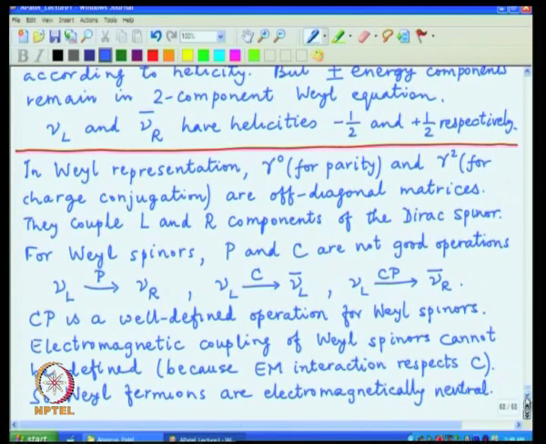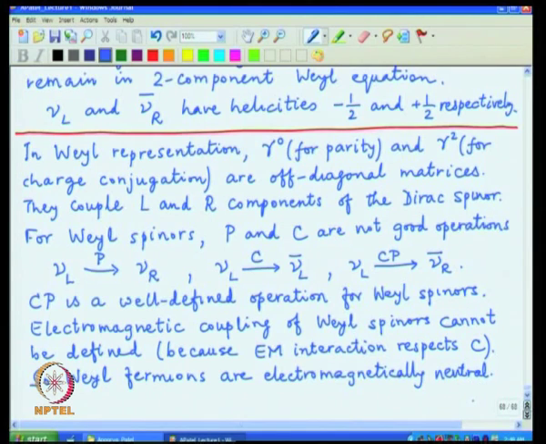One can, on the other hand, have some interaction which violates charge conjugation, and then Weyl fermions are allowed to have that interaction, and that is indeed realized in the standard model, where the weak interactions are not charge conjugation symmetric, and they indeed couple to the neutrinos.